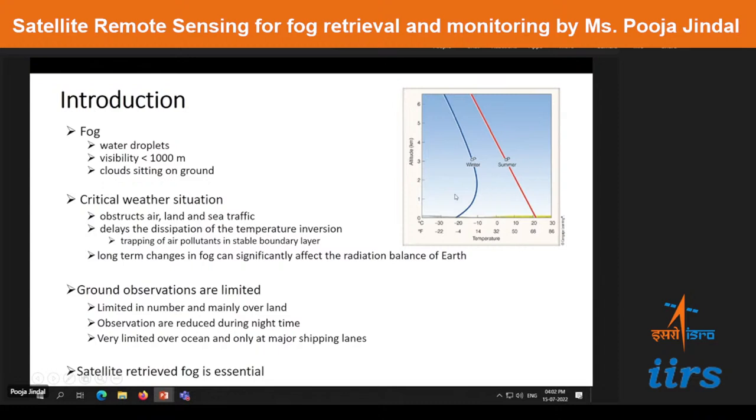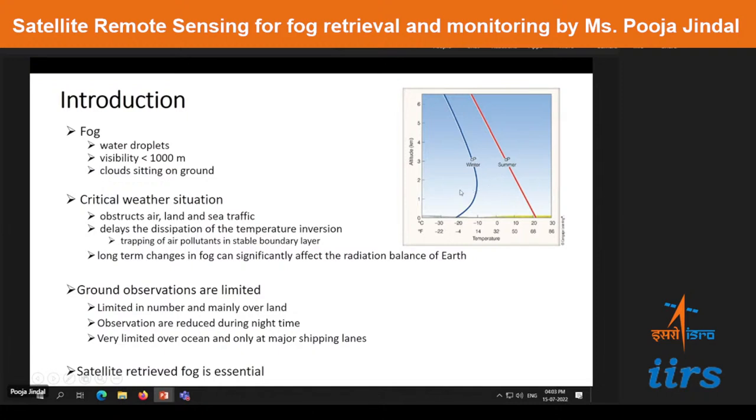Now, because this is a very stable boundary layer, it traps the pollutant. Now, how is fog involved in this? Because for the formation of the fog, this kind of temperature inversion is required. So if this temperature inversion is there and fog formation is there up to this level, then the dissipation of this layer will be less. Why?